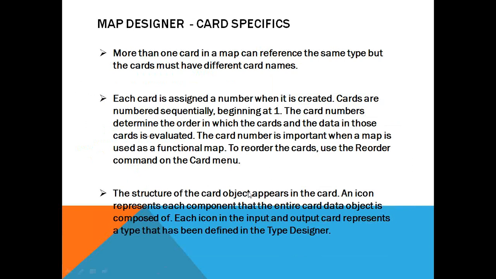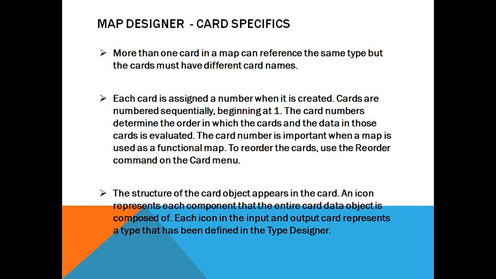Then the structure of the card appears in the card. An icon represents each component that the entire card data object is composed of. Each icon in the input card and output card represents the type that has been defined. Basically the icon shows whether it is an item, partitioned item, partitioned group, normal group, sequence group, choice group, or unordered group. When you select the type on the left or right side, we can identify the type based on the icon. As you go on, you will remember it.